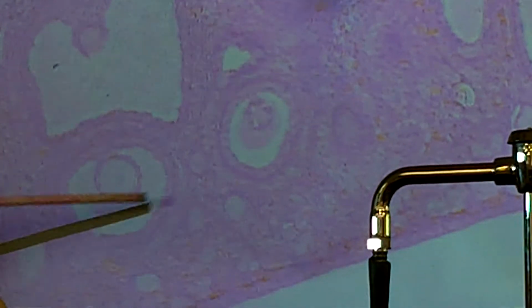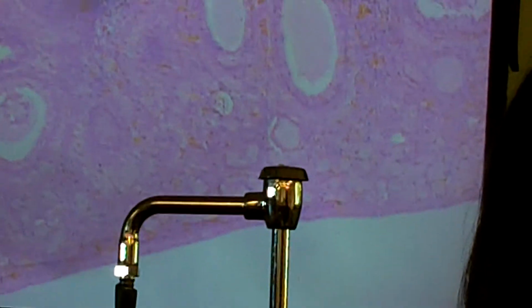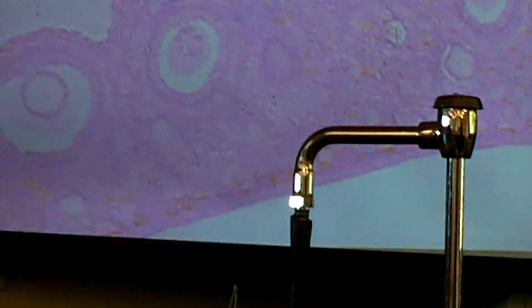Now, you can already hint ahead at where we're going. Once you start seeing an antrum, that's getting into secondary, and once you have a huge antrum that dominates, you're into a tertiary. That's probably a primary follicle, although again, it doesn't look like a very pretty one. That's probably one. That's probably one. That one, it's hard to tell if an antrum's starting or not.